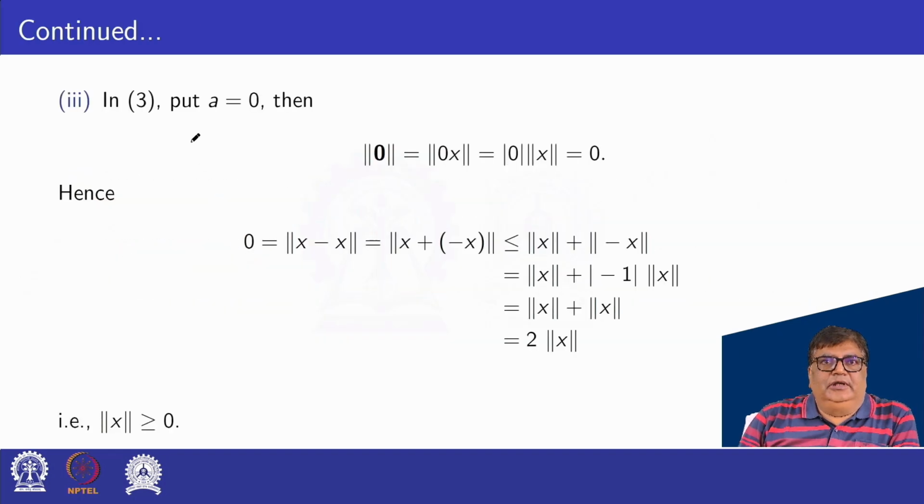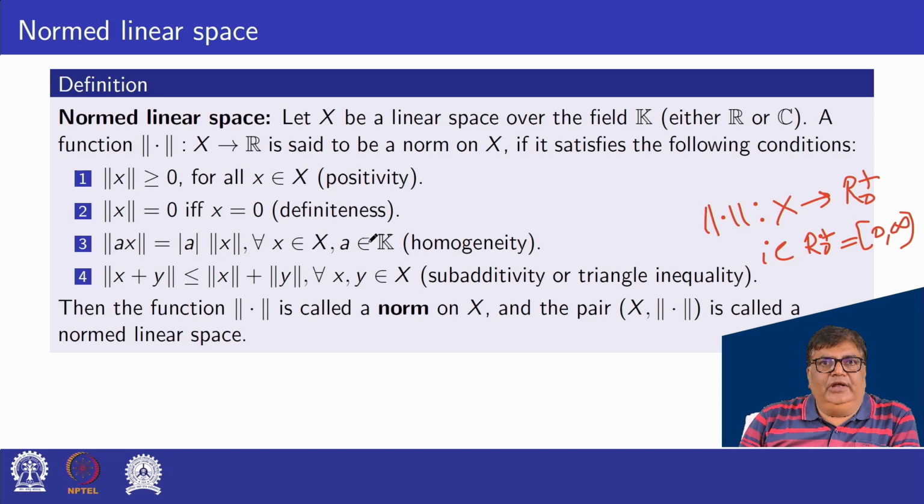Why have we taken |a|? Because distance is always positive.